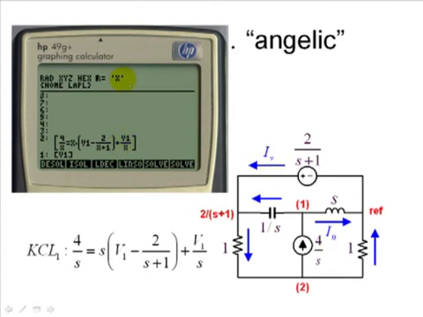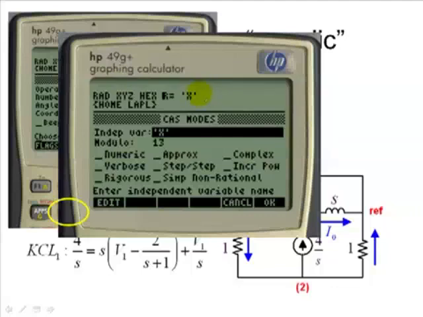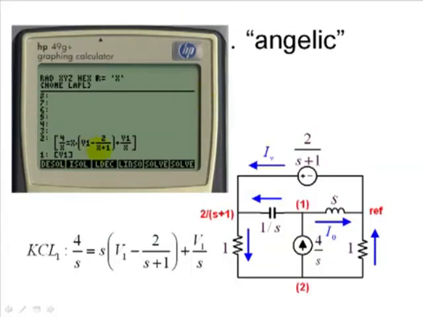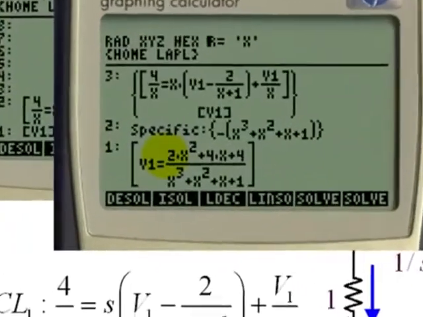Observe the independent variable that we saw before. This one is the same one I'm using as the Laplace variable. So instead of s, I'm using x in my equation. I solve that one as a system of one equation with one unknown for the variable V1 with the linear solver, with this one. And that is the solution.